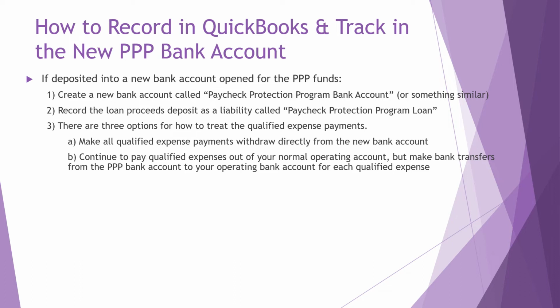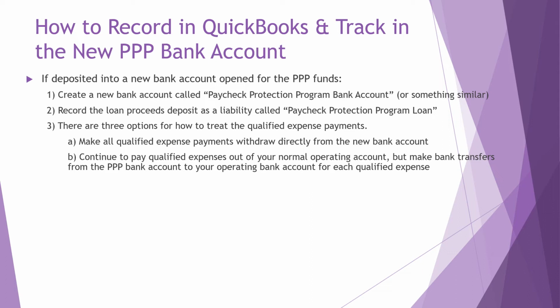Option B would be to continue to pay all of your qualified expenses out of your normal operating bank account, but then once you know those qualified expense amounts, you could make a bank transfer or write yourself a check from the PPP bank account to your operating bank account for each qualified expense.